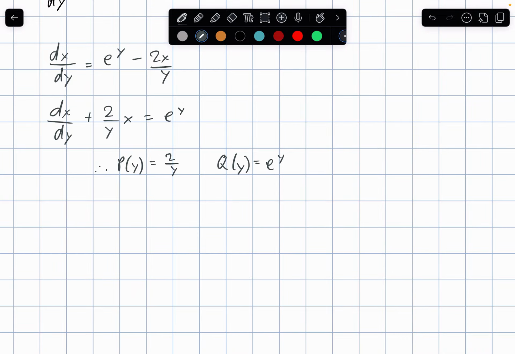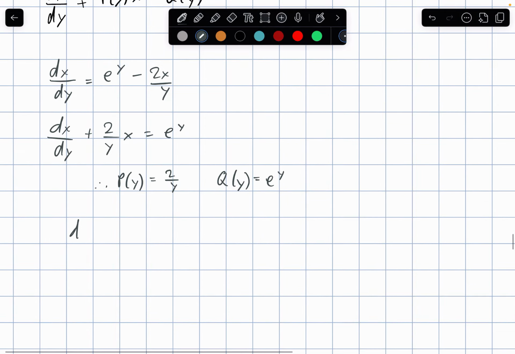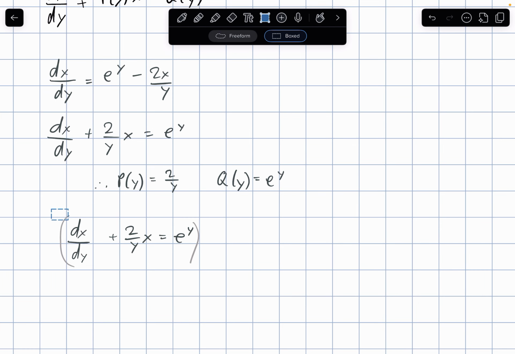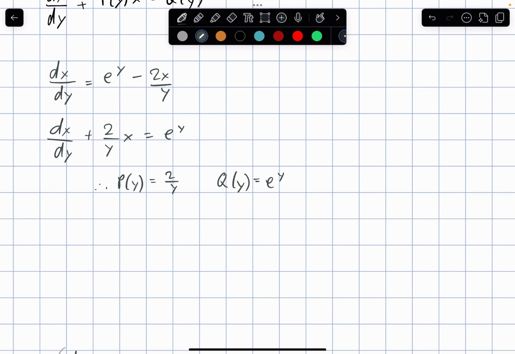Okay, what's next? Multiply the standard form. It has to be strictly in the standard form for the next step. No, what do we multiply it with? The integrating factor. We haven't even found it yet. That's the next step actually. Integrating factor is equal to e raised to integral p of y dy, since this is linear in x.